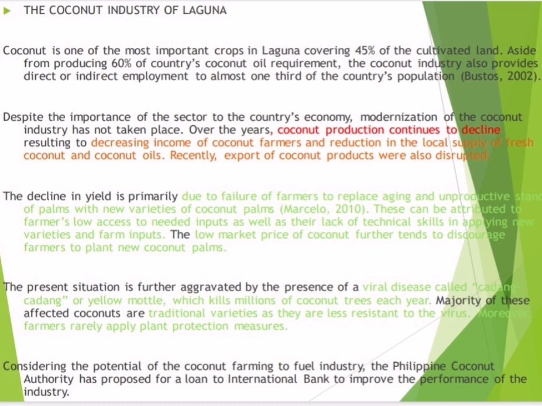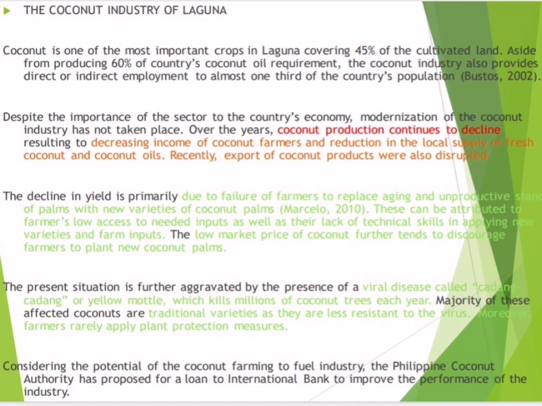Aside from producing 60% of the country's coconut oil requirement, the coconut industry also provides direct or indirect employment to almost 1/3 of the country's population, according to Bustos in 2002. As you can see, this paragraph also gives a justification of the importance of coconut in the industry.